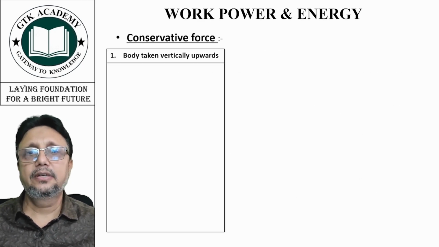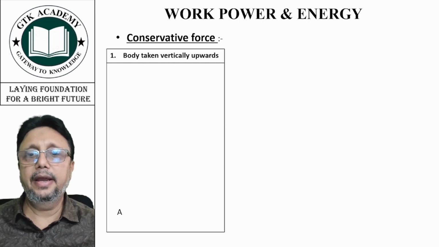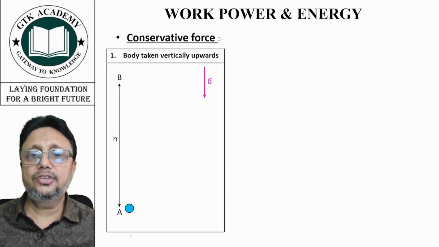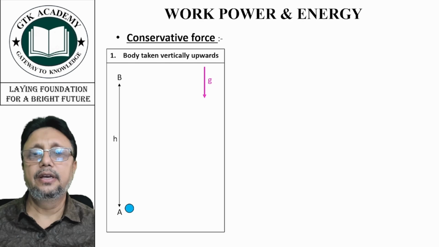In the first case, the body is taken vertically upwards from A to a point B, which is at a height h above A, and you all know that the acceleration here is g.